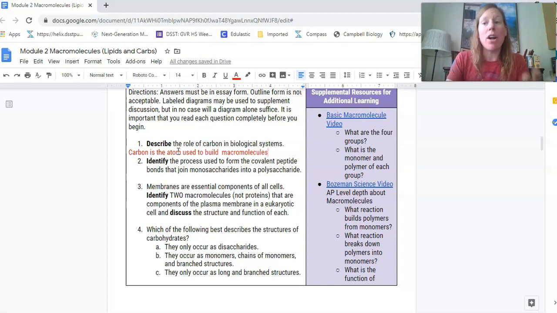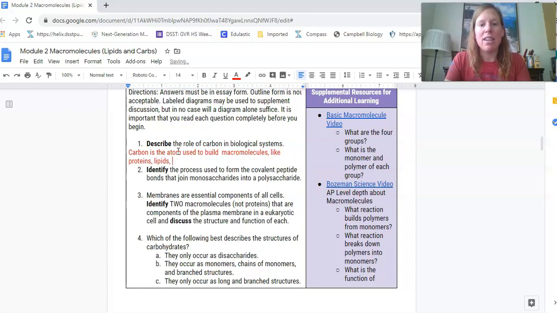And then think about what are those 4 macromolecules again, like proteins, lipids, carbohydrates, and nucleic acids. They all have carbon. Again, if you watch the Bozeman science video, you see that they all have carbon because carbon can bond 4 times, which makes it a really good molecule to create long chains of molecules.